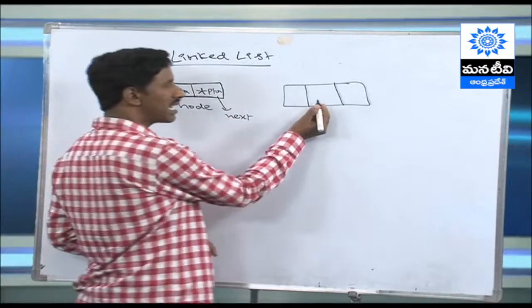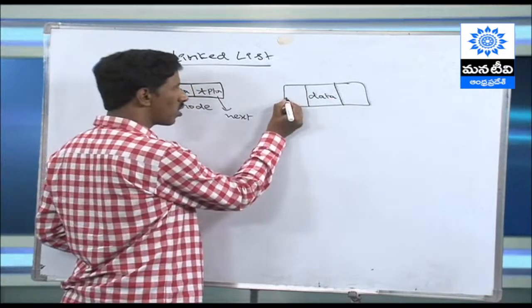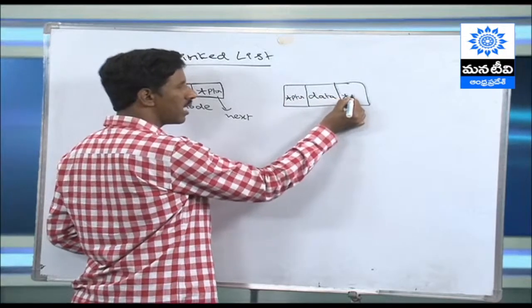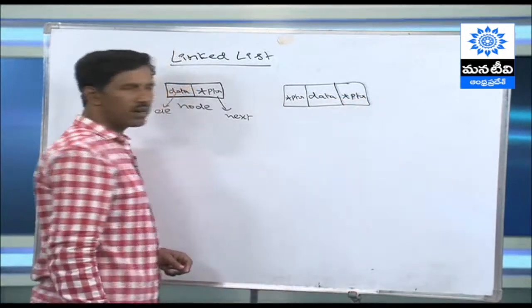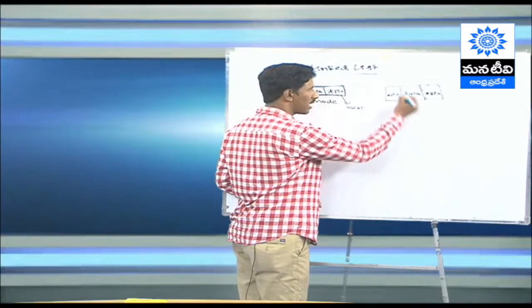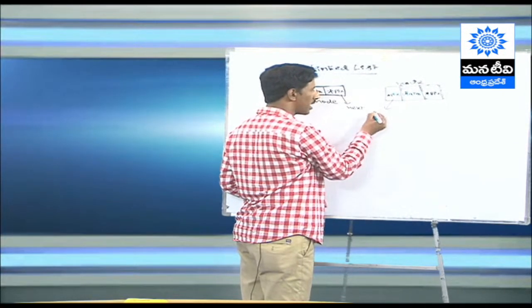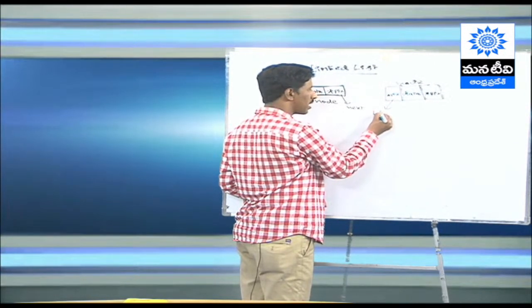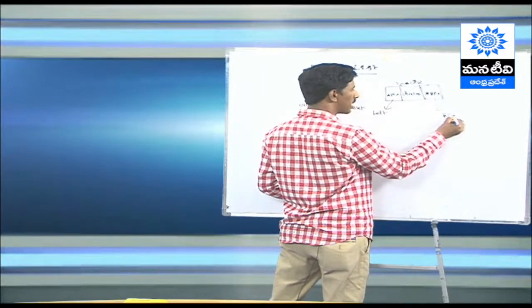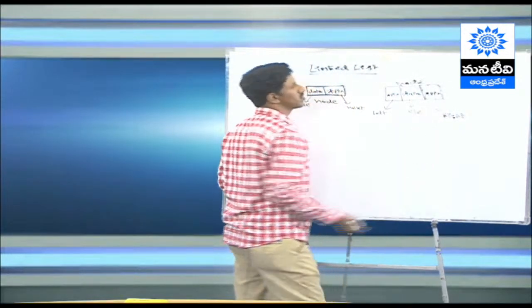In a doubly linked list, there are three partitions: the data, a left side pointer holding the left element's address, and a right side pointer holding the right side element's address.